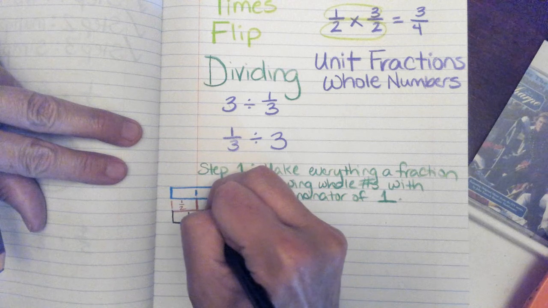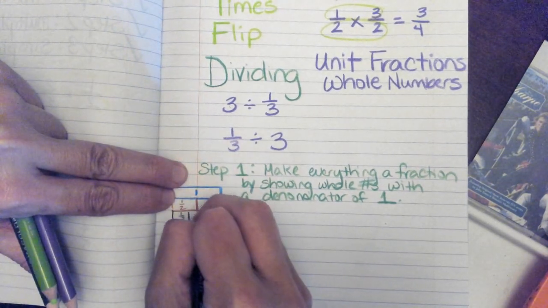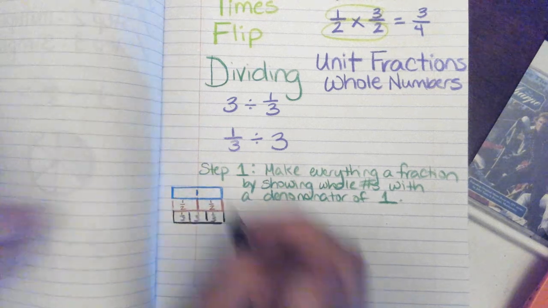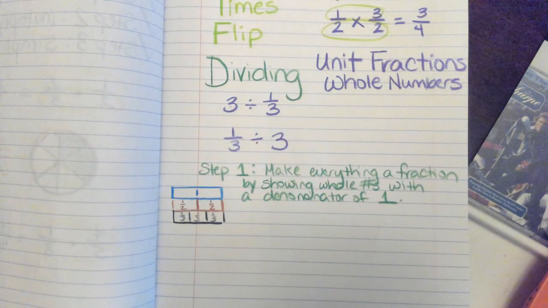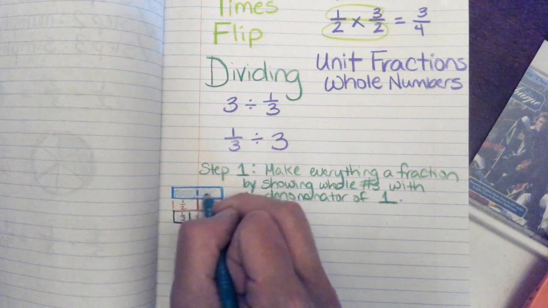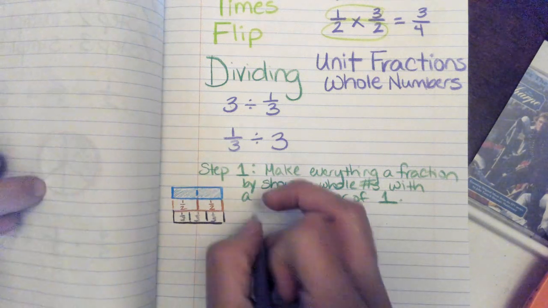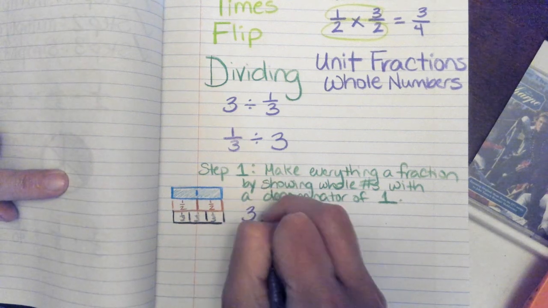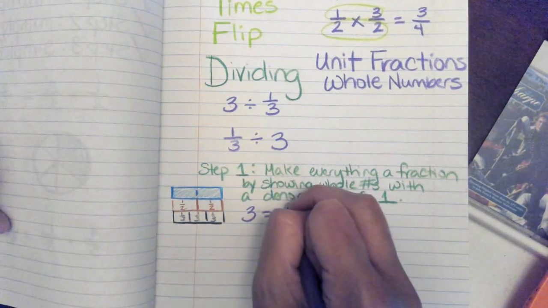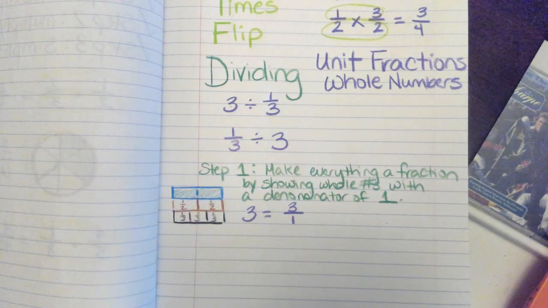This bar right here is the one I'm focusing on. If you have one of those, you have one whole. So 3 whole is the same as 3 over 1. It's 3 of these 1 bars.